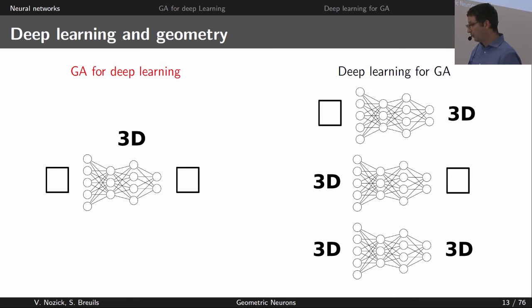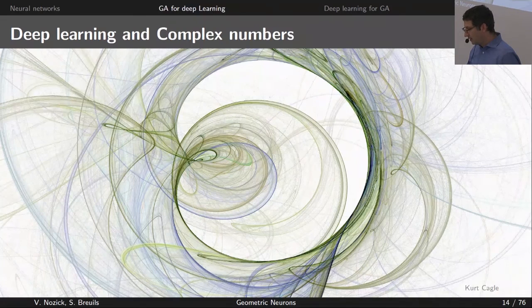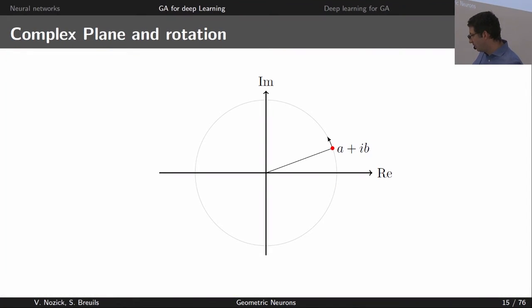So let's start with the first part, GA for deep learning. The question is how much GA, geometric algebra, can we put into deep learning? And here we start with complex numbers. Many of the previous talks explained why complex numbers can do rotation.